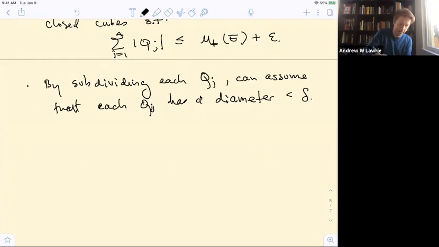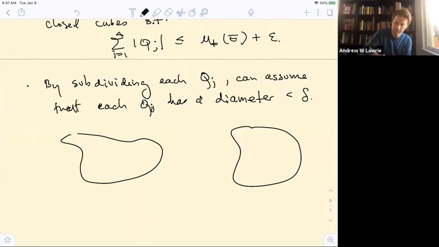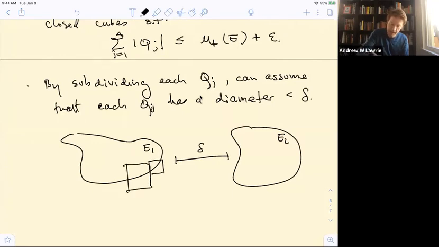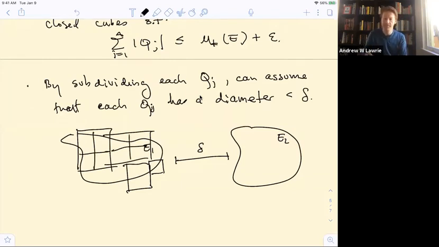So what does this look like? We have E1, E2. These are at least delta apart. And then we make sure that our cubes have diameters less than delta by possibly chopping them up again, like this.